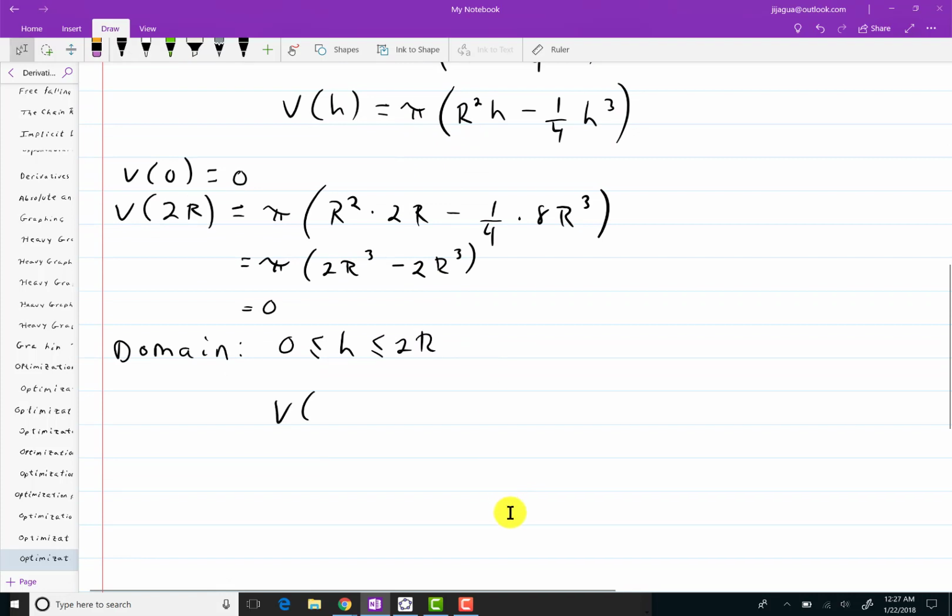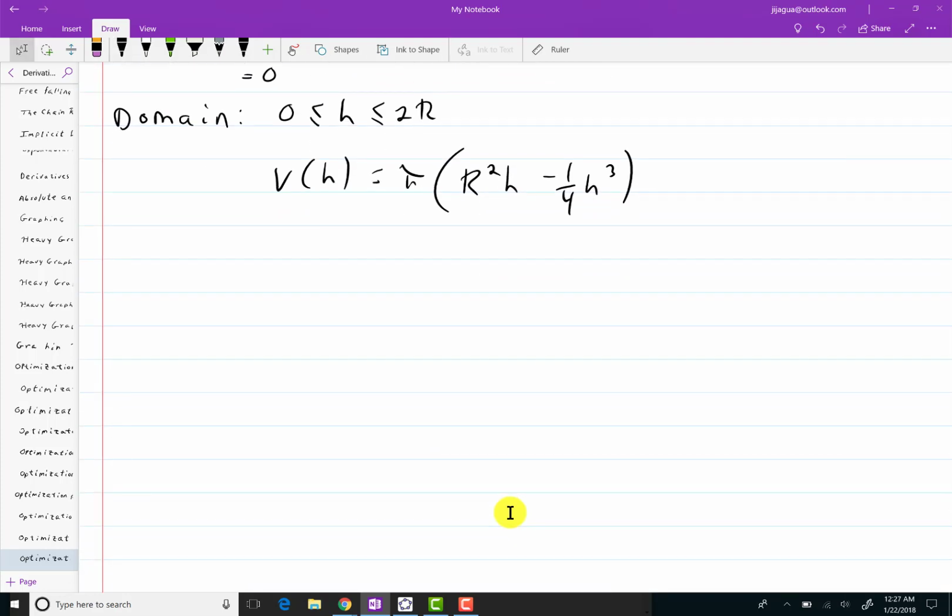V of h equals pi times capital R squared h minus 1/4 h cubed. And let me take the derivative and set that equal to 0. V prime of h equals pi times capital R squared minus 3/4 h squared.